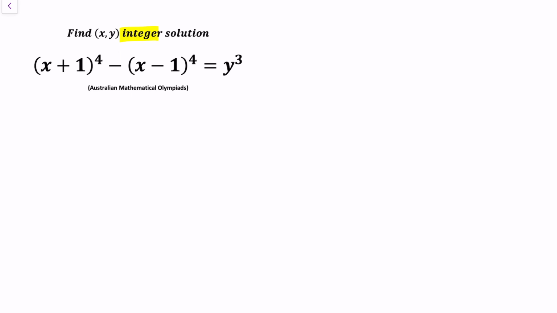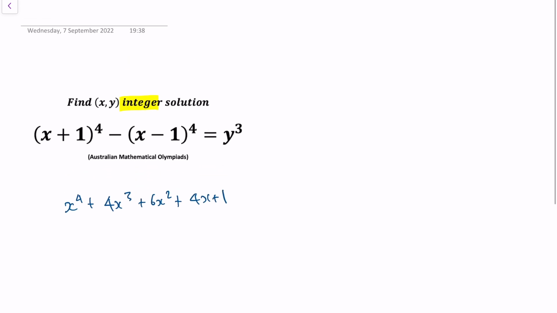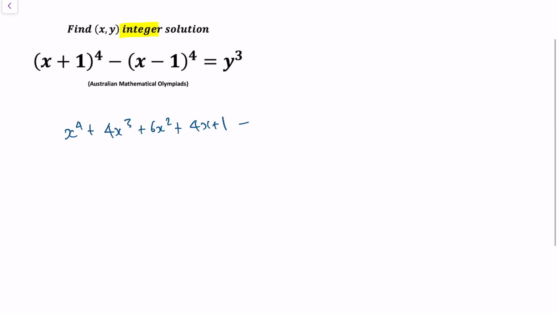Right, so let's first expand the left-hand side. We will have x to the 4 plus 4x cubed plus 6x squared plus 4x plus 1. Now, minus, we have x to the 4 minus 4x cubed plus 6x squared minus 4x plus 1 is equal to y cubed.